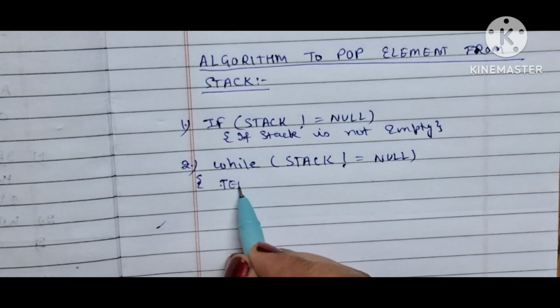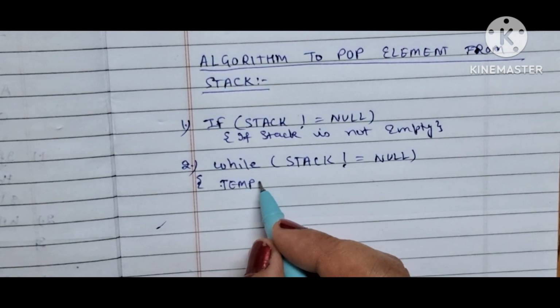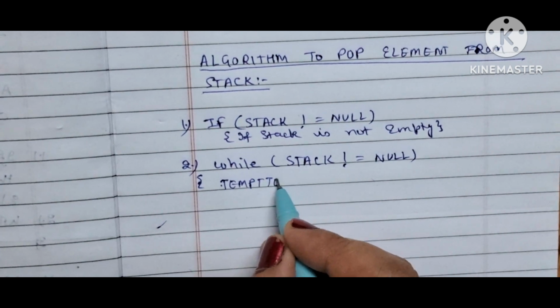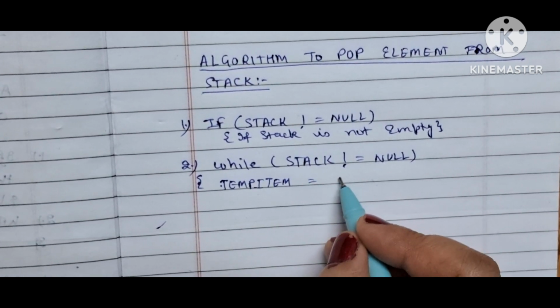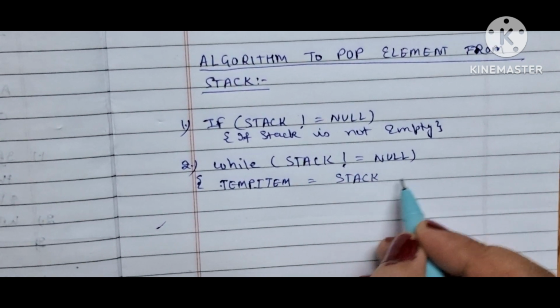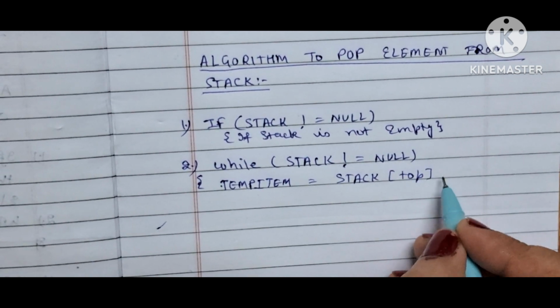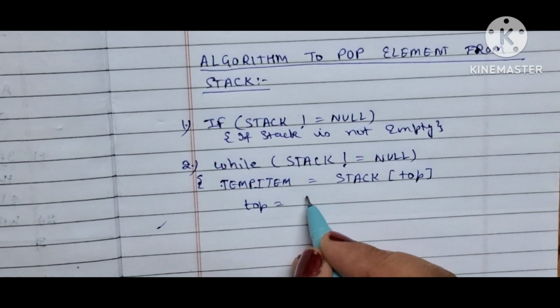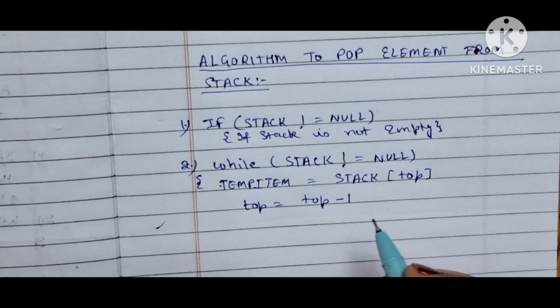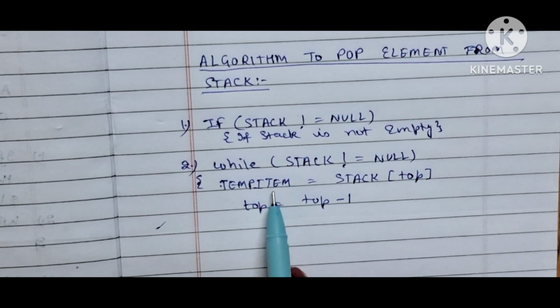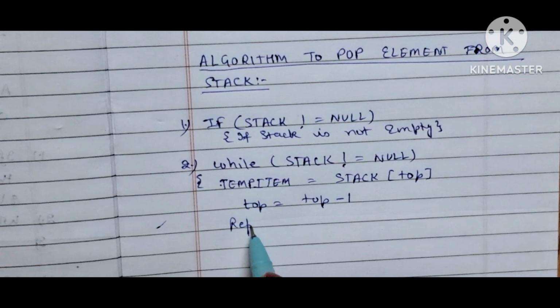Now for this, we will start popping out elements from the stack. So for that I will take one temporary item, the place where I put the value of the item from the stack onto it.